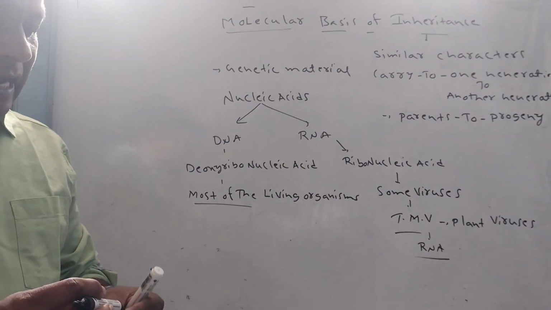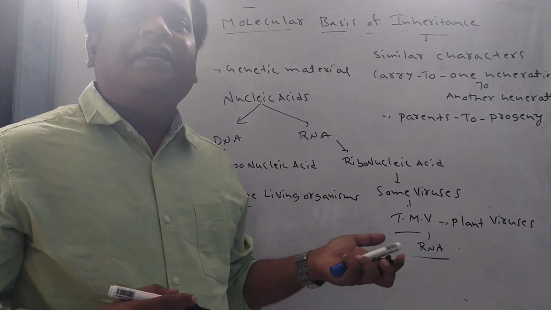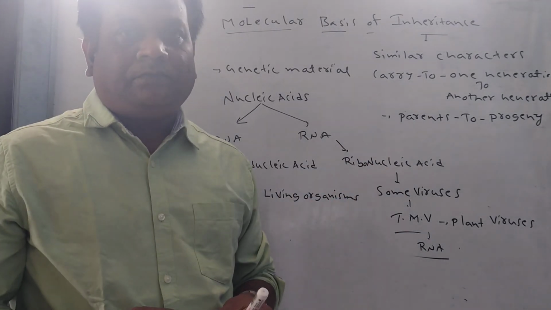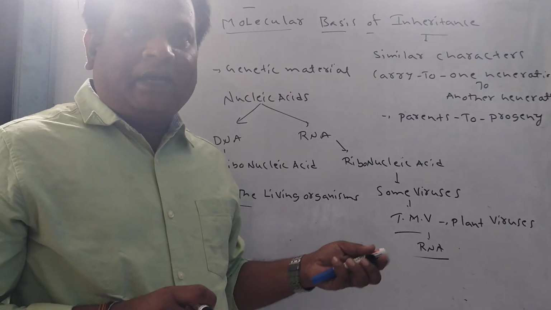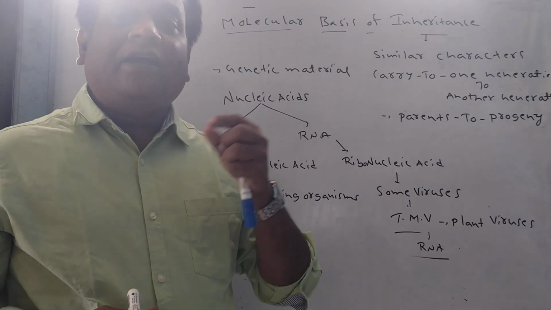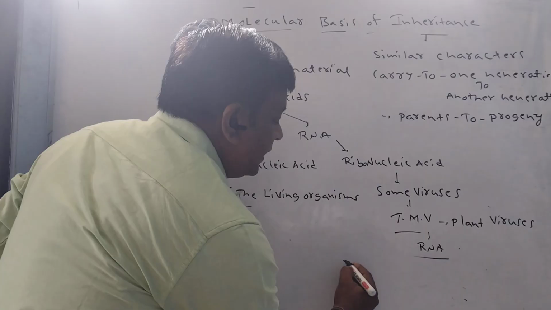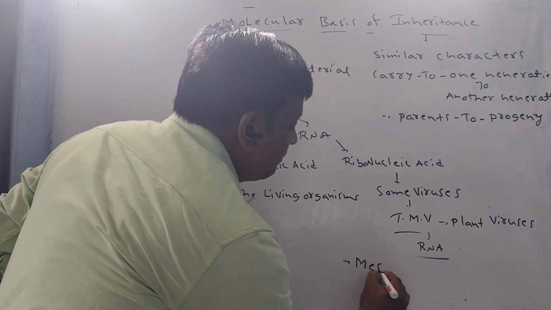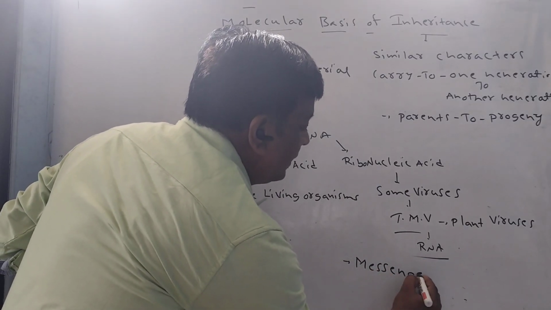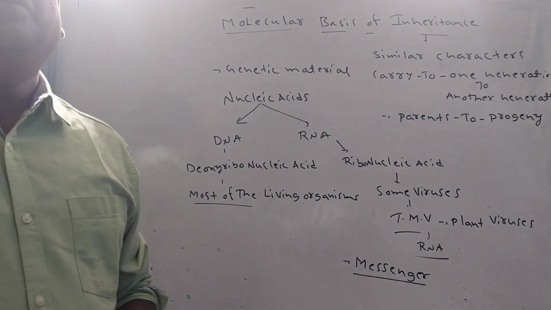See here, RNA acts like a genetic material in some viruses, but it performs some other functions also. What are the functions? They act like a messenger, meaning they transfer the genetic information.